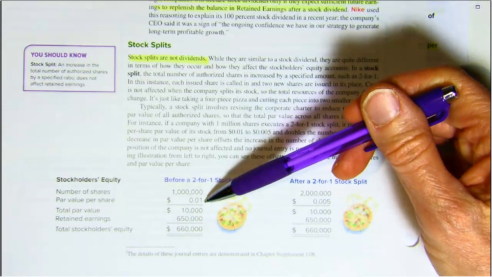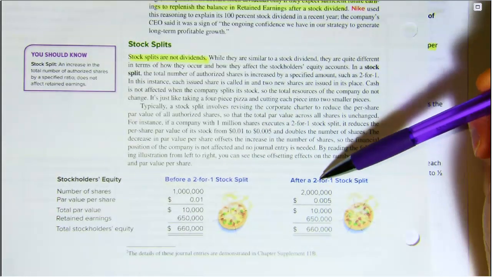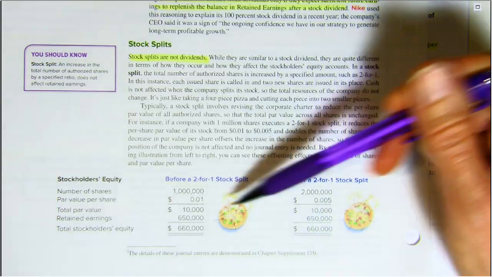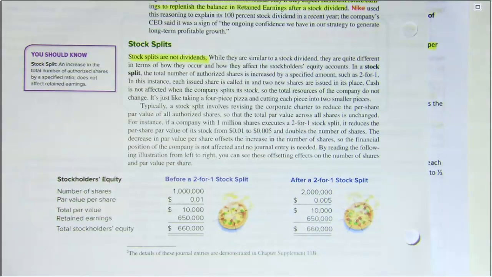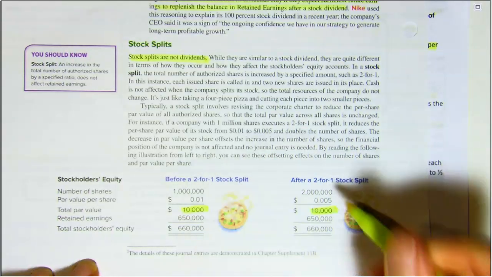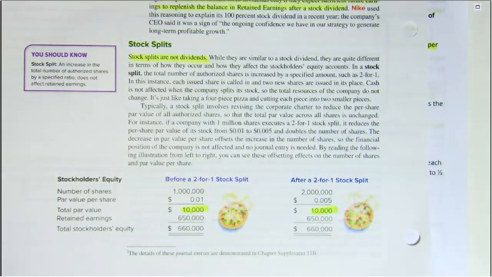We take our par value and we divide by 2, and now we have half of 1 cent. Notice that the total par value does not change. It remains 10,000. And the retained earnings remain 10,000, and the stockholders' equity in total remains 660,000.